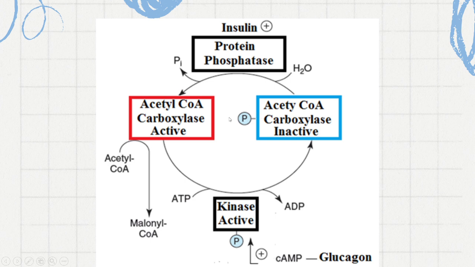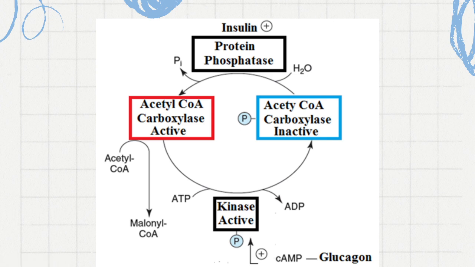This phosphatase will remove the phosphate group and activate acetyl-CoA carboxylase. So under the influence of insulin, there is covalent dephosphorylation of acetyl-CoA carboxylase, and its activation leading to active fatty acid synthesis.